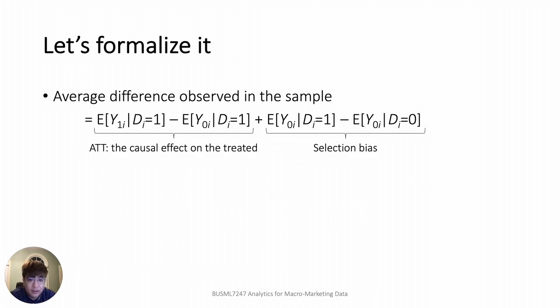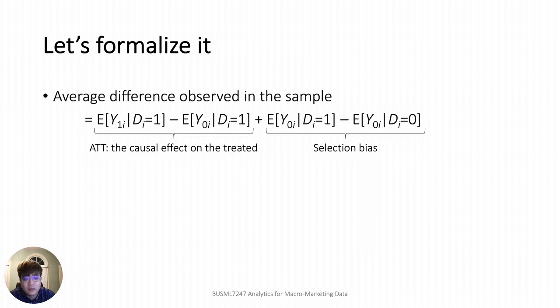For example, consider hospitalization treatment for patients. Let's say D is the indicator variable for the hospitalization, and if hospitalized, D equals 1, and if not, D is 0. And let Y1 be the health condition after the hospitalization, and Y0 be the health condition without the hospitalization.